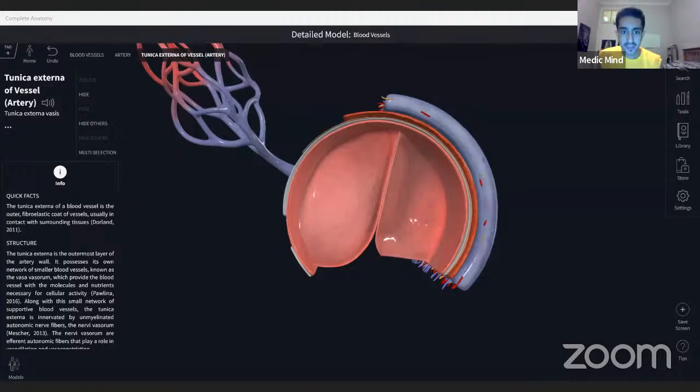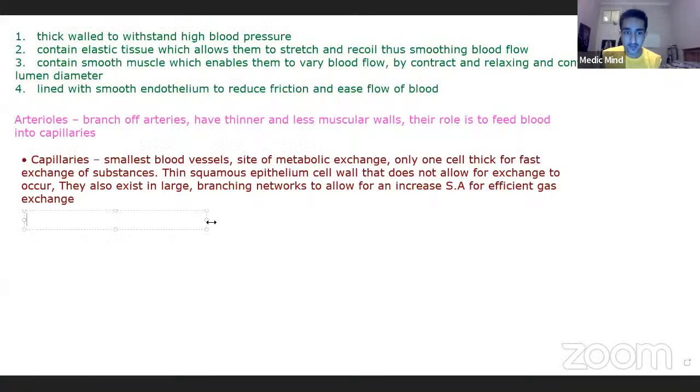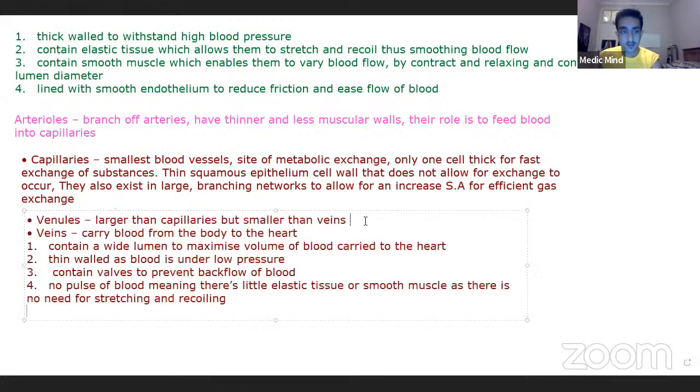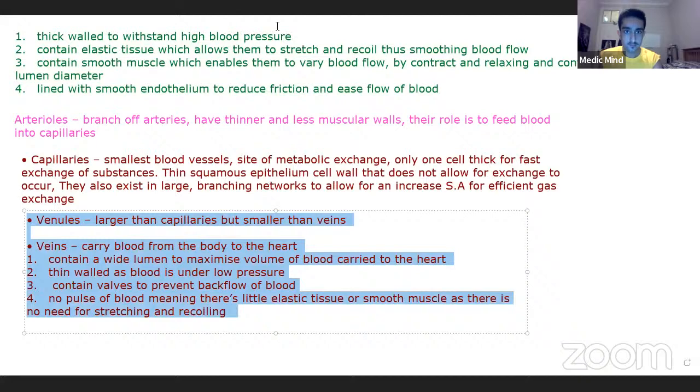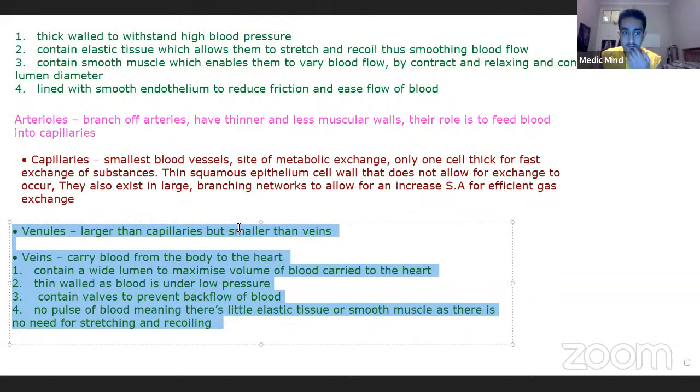So veins, venules and veins. We can now add those to our whiteboard. And that's kind of it. I'm hoping that from this first bit of the talk, you've been able to appreciate the differences. I'm just going to quickly copy and paste. Oh, no, veins. We've got in blue.